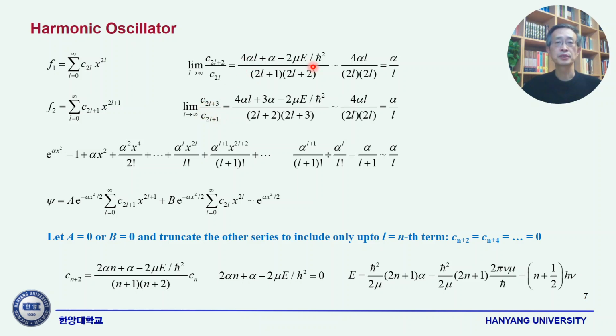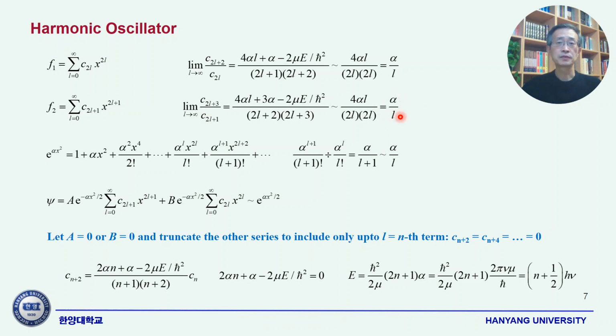The ratio is this. For each case, l goes to infinity, l is very large. Then you can put 2l+1, 2l, 2l+2, 2l, and ignore this, and you can put just 4 alpha over 4l. And this behaves, as l goes to infinity, just like alpha over l. And the same for the odd powered term, alpha over l.